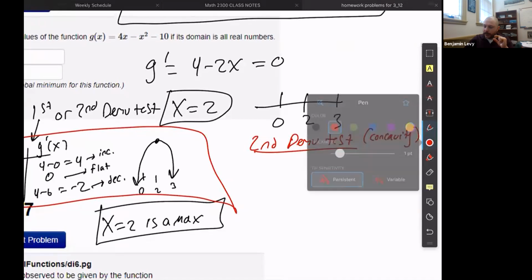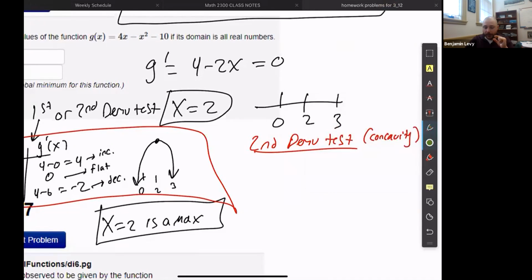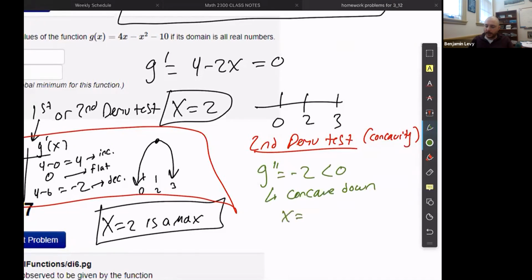If we did the second derivative test, we just take a second derivative, which is another easy power rule. G double prime is just -2, which is always negative. That means we're concave down. And so that's a second way to see that x equals 2 is a max.